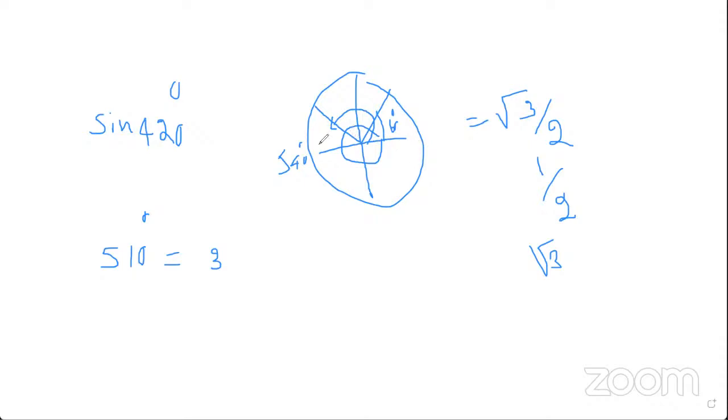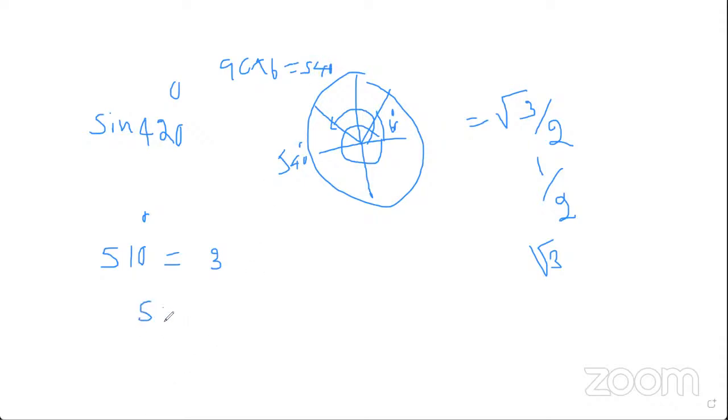You want to go with 540. You always want to take the even multiple. 510 is far away from 360, but it is close to 540. So get 540. 540 is also an even multiple. You know that 90 into 6 is 540. Always take an even multiple.